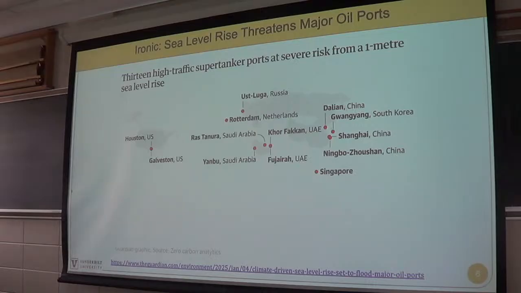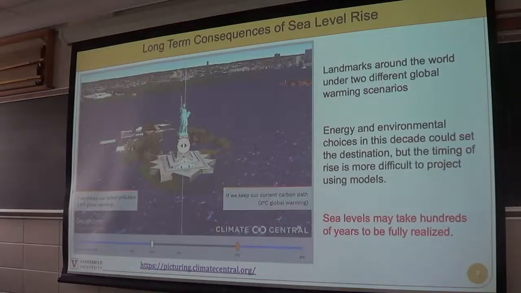So even if you are an oil trader, you have an interest in understanding sea level rise and how to protect yourselves against this, which is inevitable. If you're talking about 1 meter sea level rise, it's not a question of whether, but of when it will happen, how soon, and what we need to plan for. And so I had much less resistance in Saudi Arabia and Abu Dhabi on sea level rise and climate change than often we hear in the United States. So that tells you something.